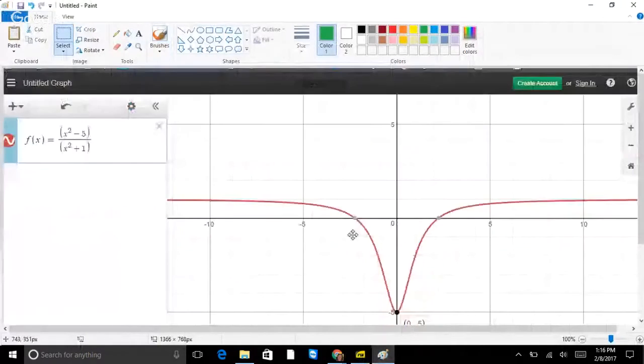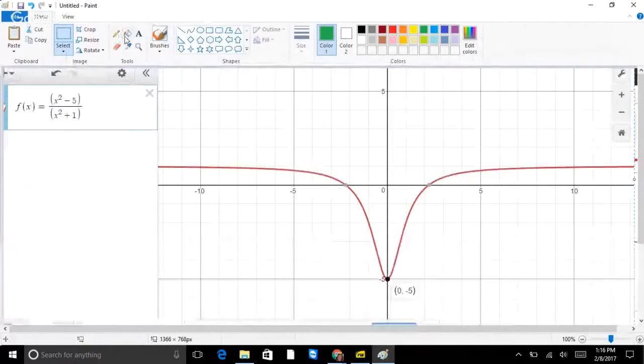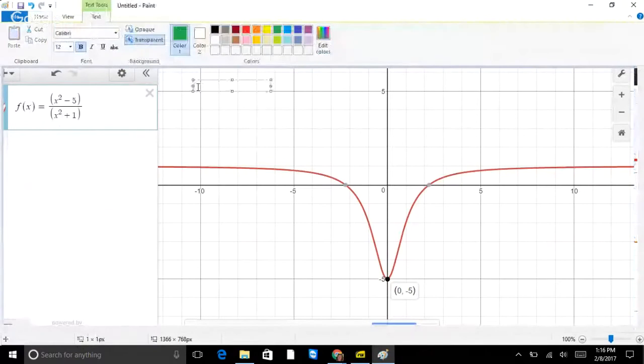Okay, the range for this would be, so domain all real. What's my range? Okay, so my range is that I know that y can never get lower than -5, but it can equal -5.